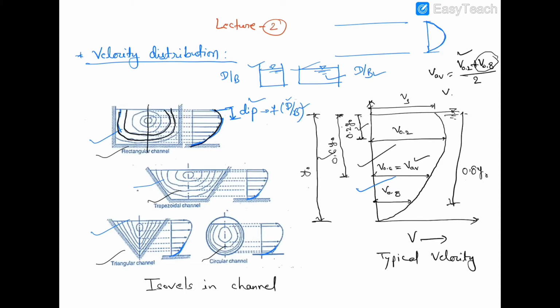This average velocity can also be represented by K v s, where K is a coefficient and its value ranges between 0.8 and 0.9. Clear? These values depend upon the type of channel section.